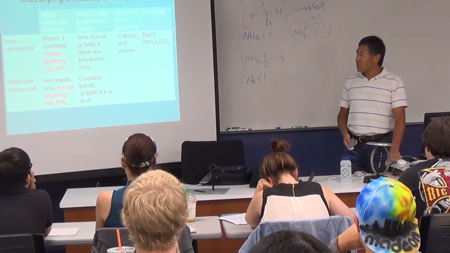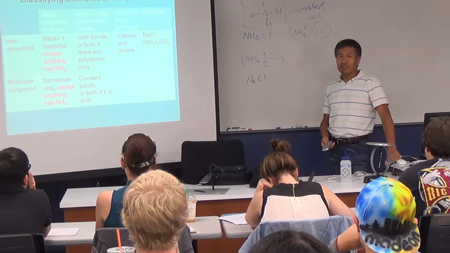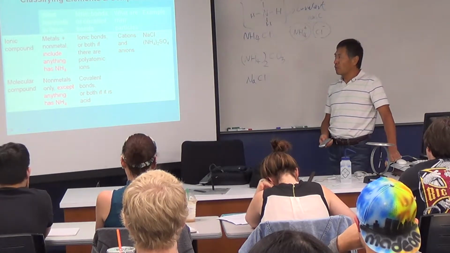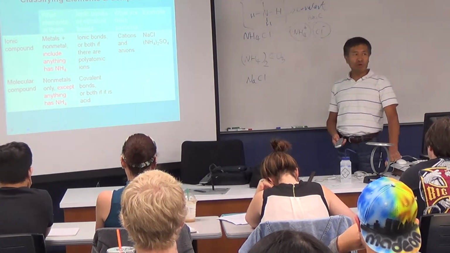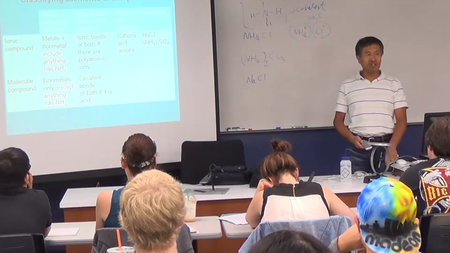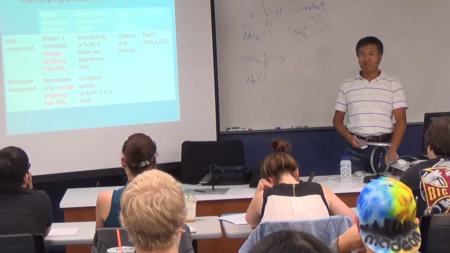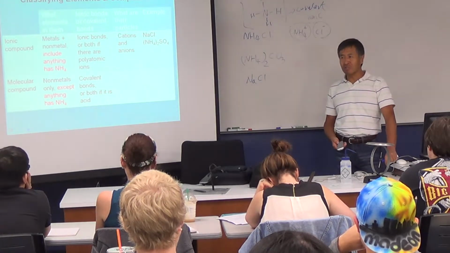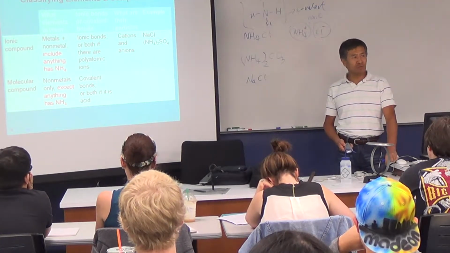So I will say the majority is right. You still have those molecular compounds with covalent bonds, maybe both. That is one not very common exception, the acid. We're going to study acids in the last few sections of this chapter.